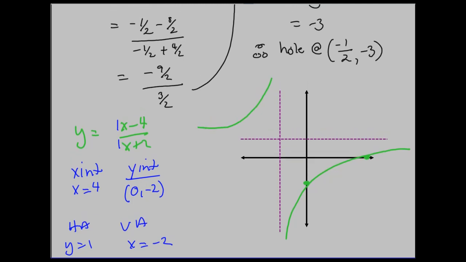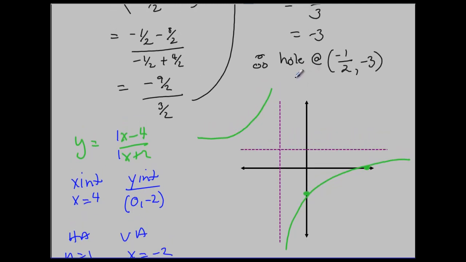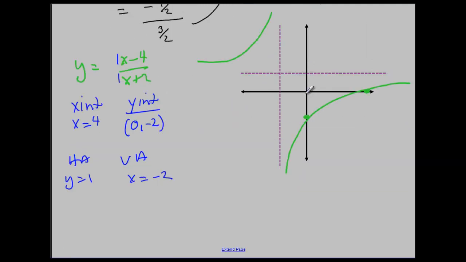We then have to recognize that we have a hole at -1/2 and -3. So if this is located at -2, -1, so -1/2 would be somewhere here. So what I want to do is erase or put a little hole right here in the function, and then indicate with an open circle that there's a hole at -1/2 and -3.